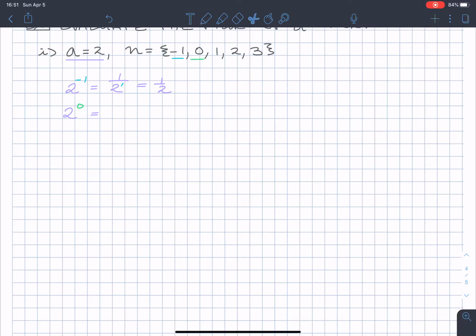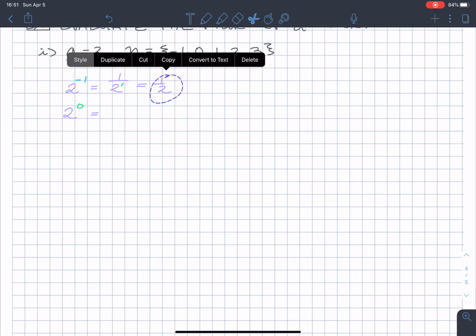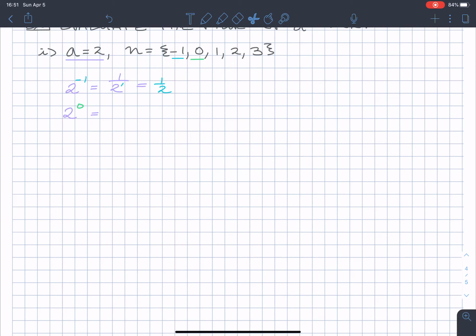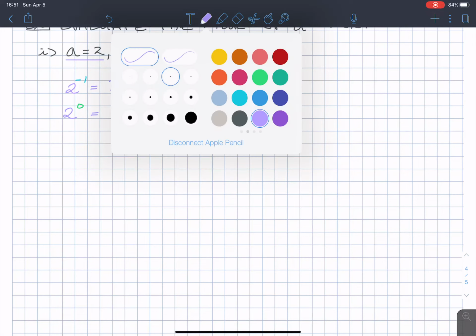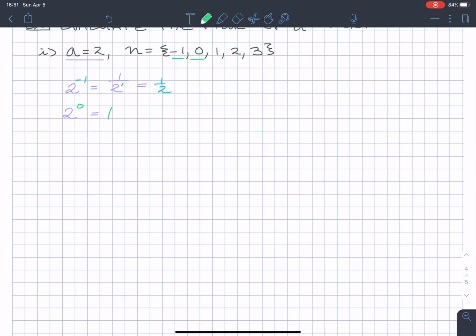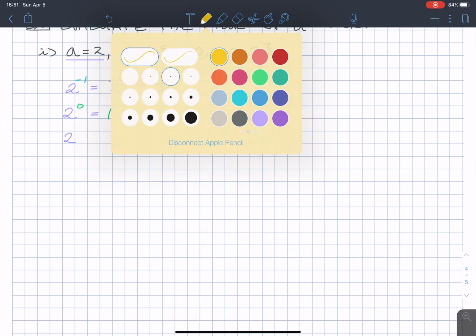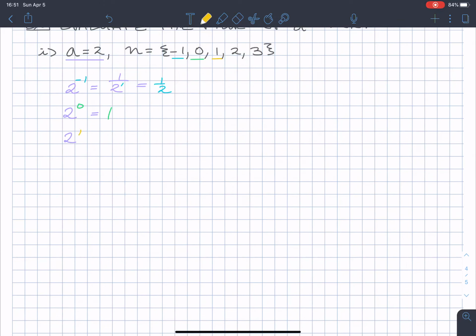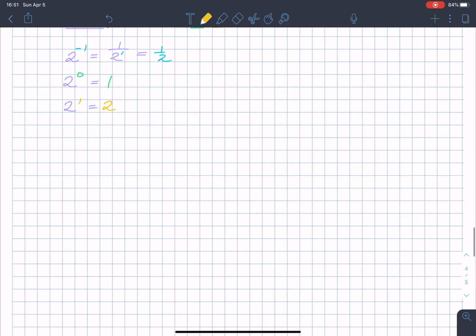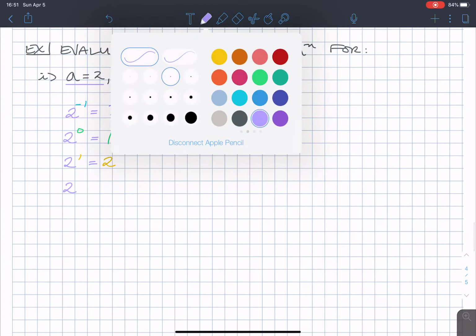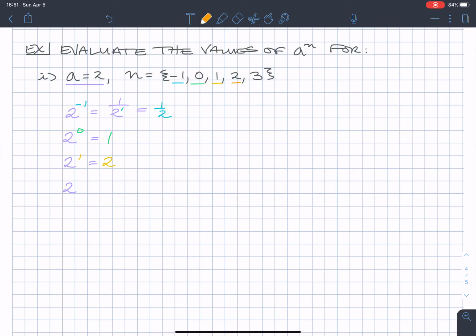Actually, let me color code this. I don't like having the same color. So I'll call this one green. Next one will be 2 to the first power. And of course, anything to the first power is just itself. So that's just going to be 2. Then let's do base 2 raised to the second power for n equal to 2.